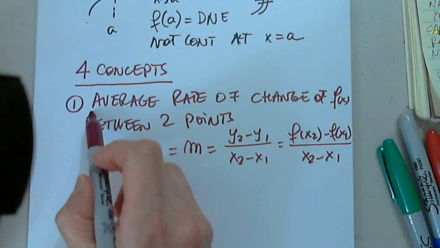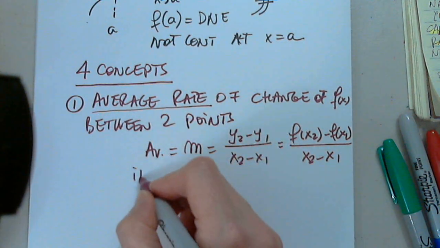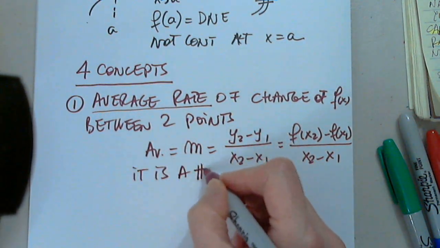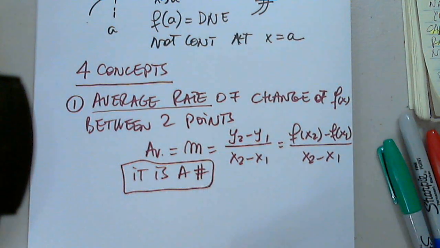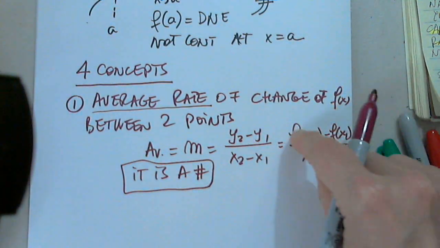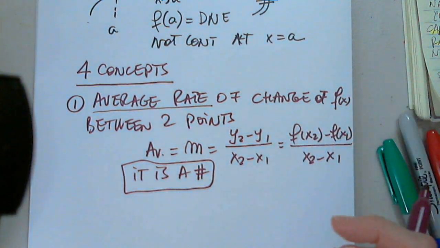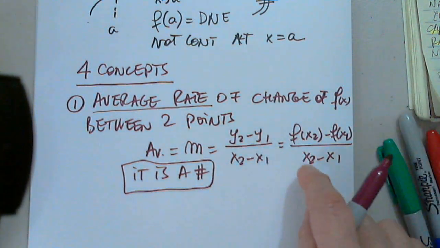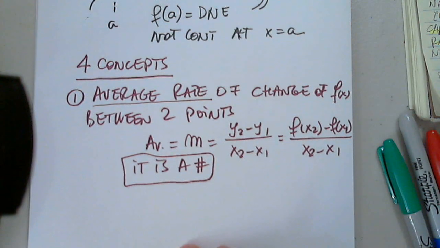So this is one thing. It is a number. The answer is a number with 2 measurement units: 1 measurement unit for the top, unless they are abstract, and 1 measurement unit for the denominator.